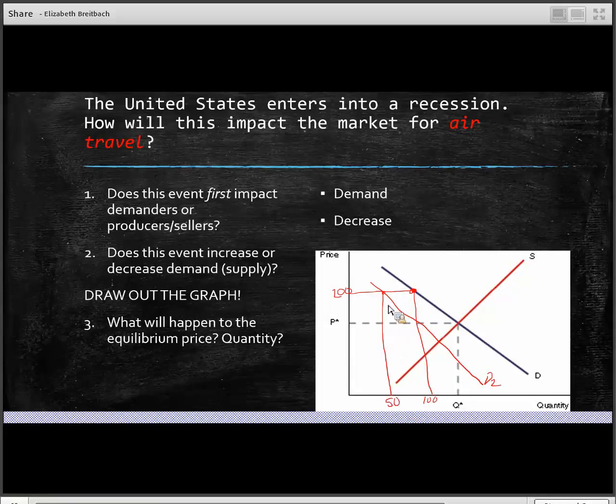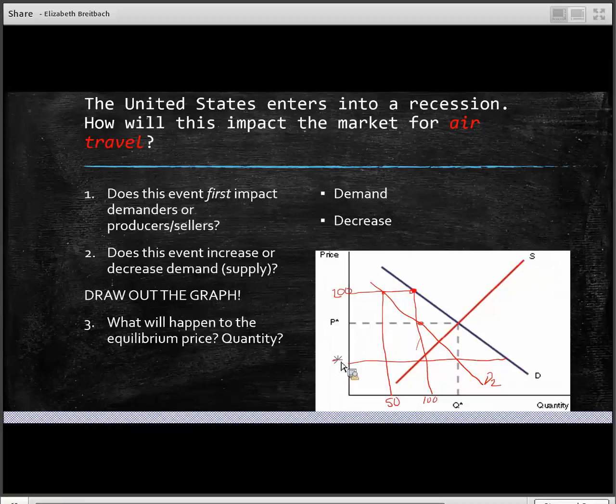And what about at the equilibrium price? At the equilibrium price, consumers were wanting to purchase this equilibrium quantity. Now they want to purchase only 100 tickets, again, less than before. And let's look at even a price that's really low. Let's say that price is maybe $50, a $50 ticket.